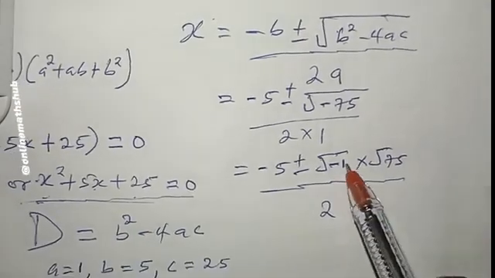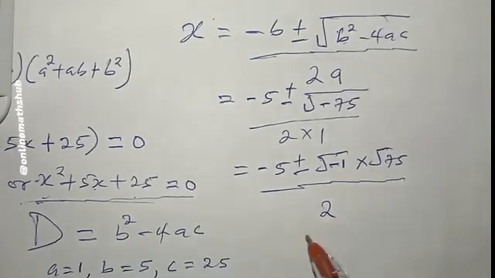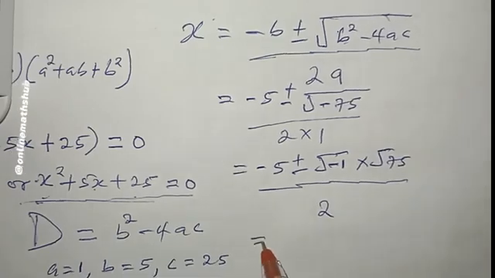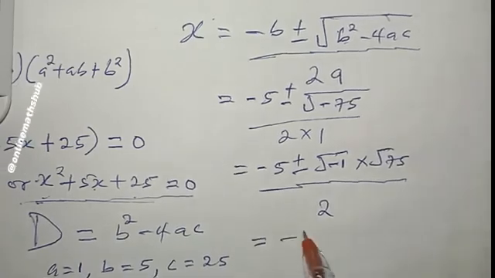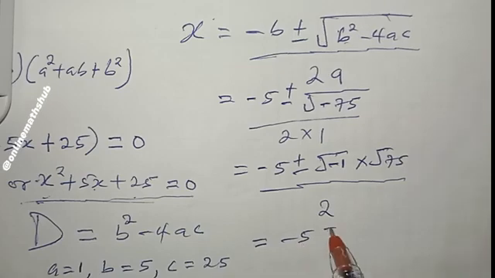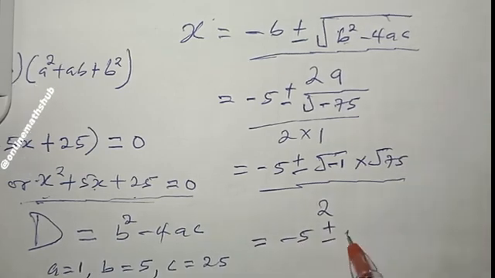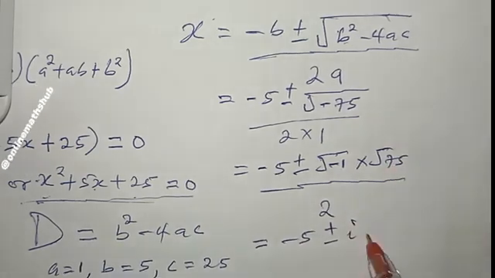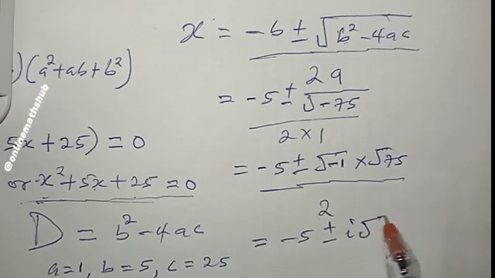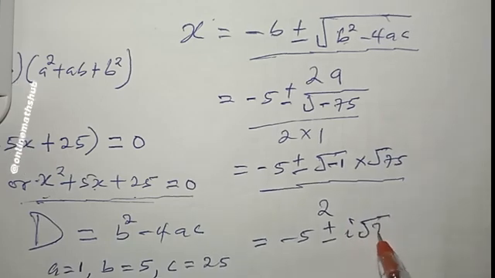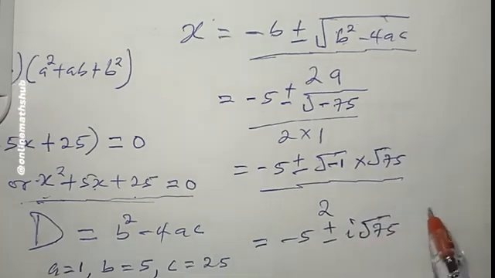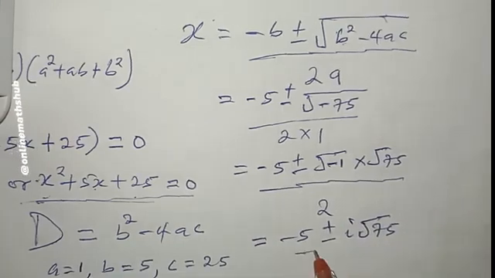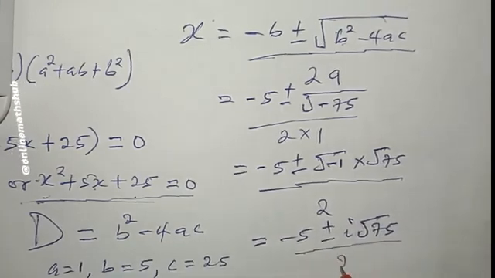Of course root minus 1 is i, so what we have here is negative 5 plus or minus i times root 75, which gives us i root 75, divided by 2a.